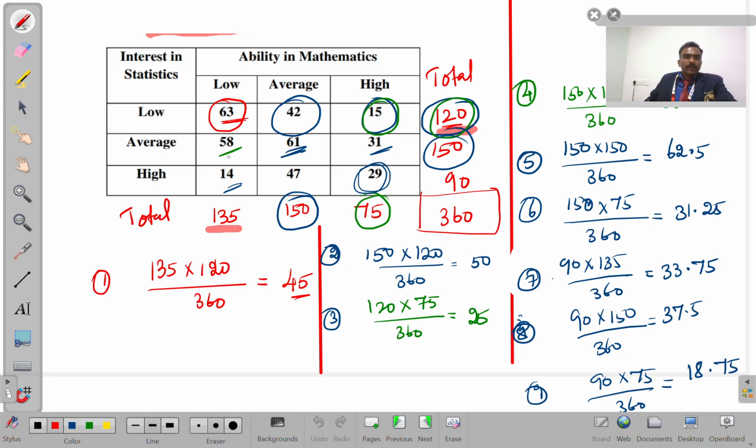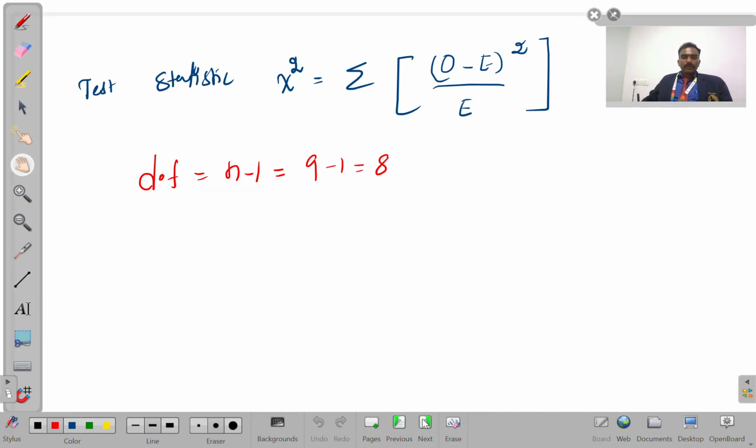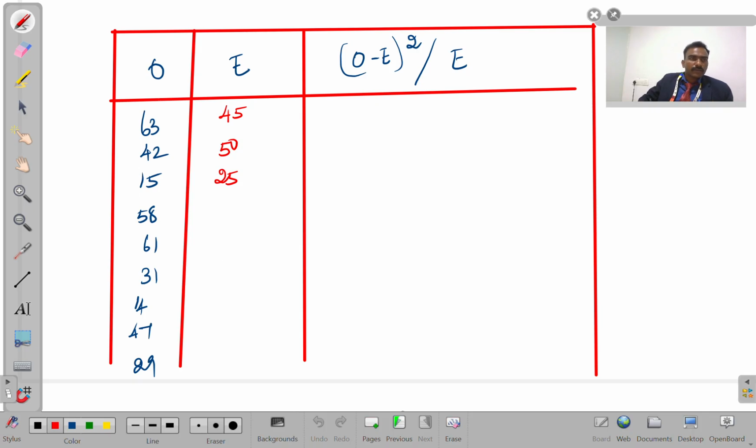Then the next expected value, for 58, is 56.25.